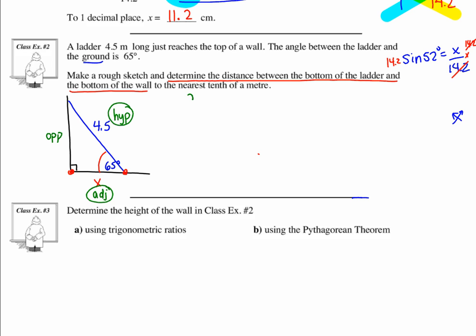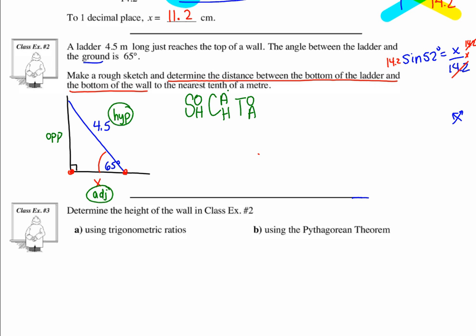Take your SOH CAH TOA. Okay, SOH CAH TOA. So then we look at SOH CAH TOA and we have to figure out which one. Which one would it be? Cosine.